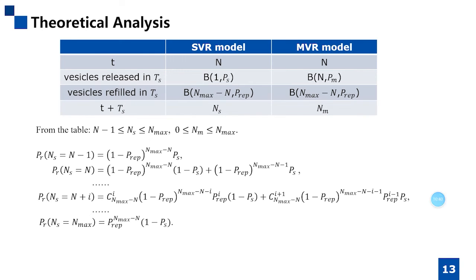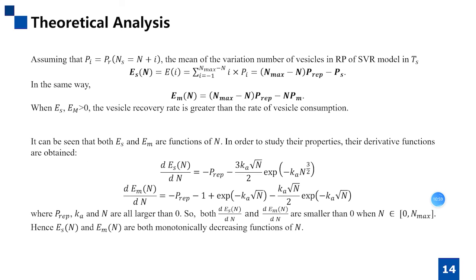According to the calculation formula of binomial distribution probability, the probabilities when Ns is equal to all different values are listed below in detail. We use Pi to represent the probability that Ns is equal to n at i, and the mean of the variation number of vesicles in Ts, Es, or Ei, can be calculated.